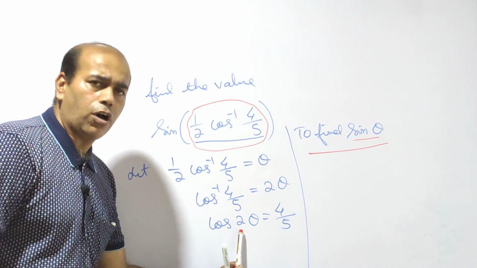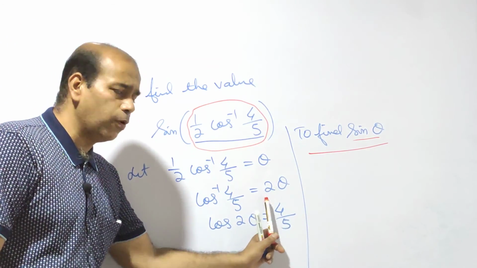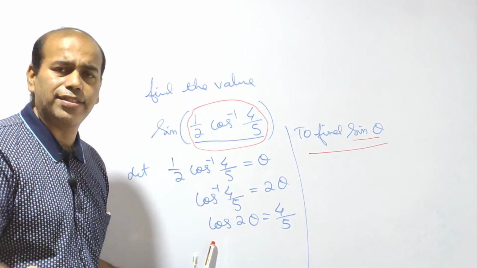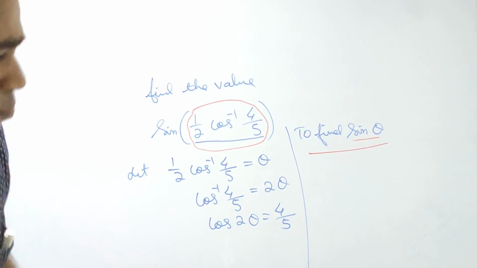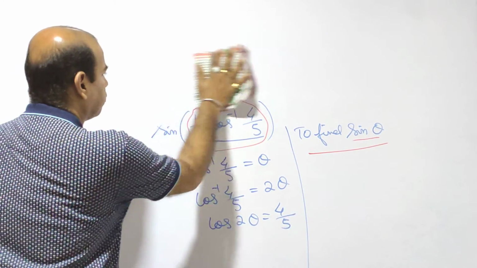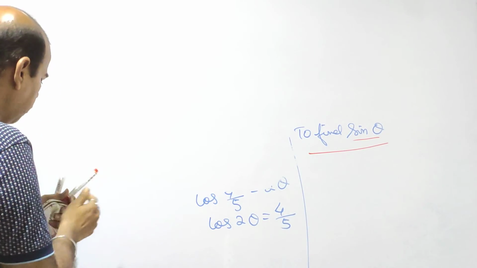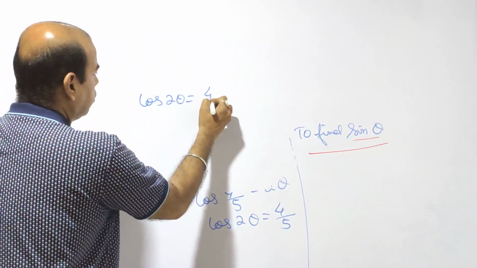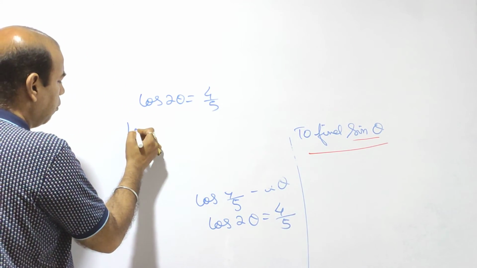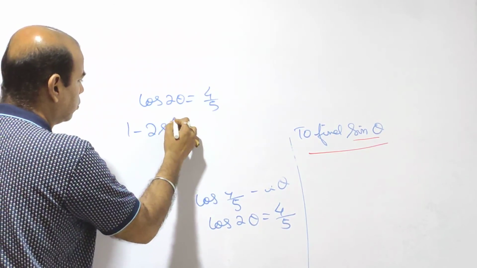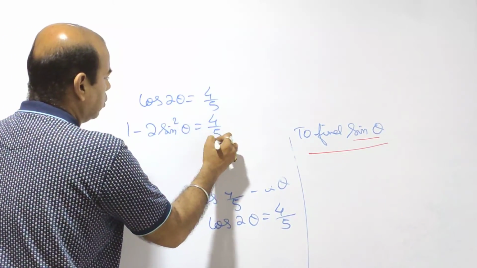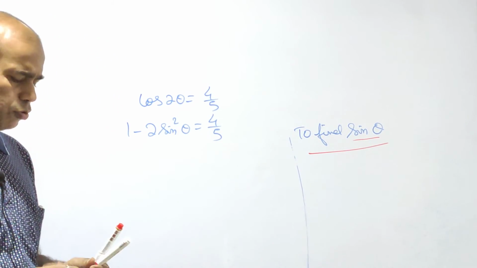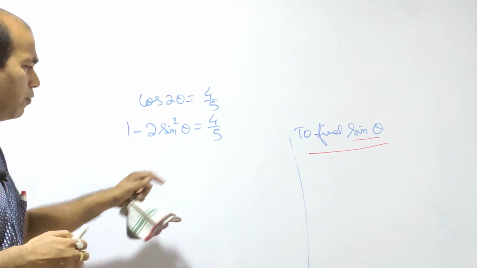What I have is cos 2 theta, which is 4 by 5. So I will change this to sine theta. How will I change it? Please take note. Now I have cos 2 theta equals 4 by 5, meaning 1 minus 2 sine squared theta is 4 by 5, because we have the formula of cos 2 theta in terms of sine.